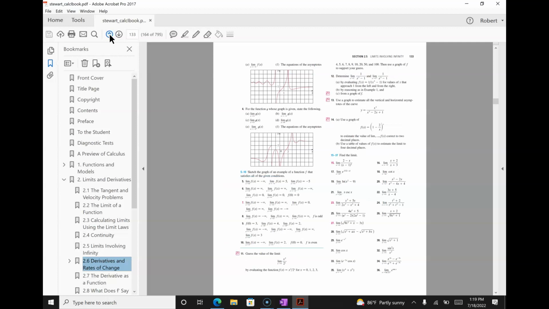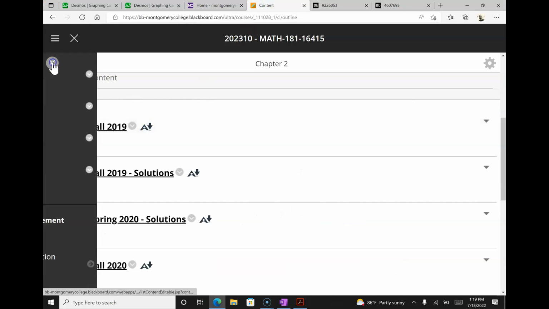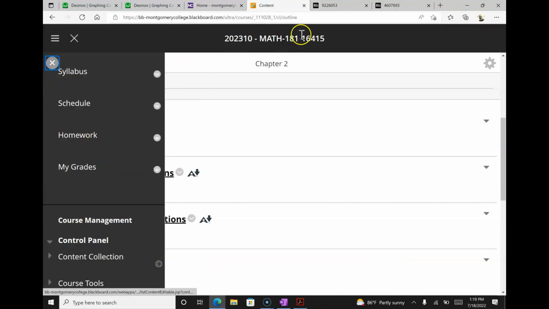For this particular section, I really like 15 to 35. This is page 133. It's section 2.5. What does our homework say for 15 and 35?